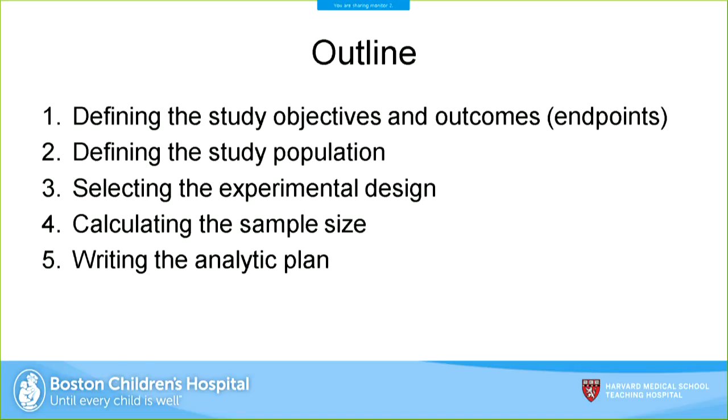And then we're going to select the experimental design, and there are different pieces that you may want to consider in your particular study. And then next, you would want to calculate an appropriate sample size for your study so that you'll have enough information, enough power to answer the question that you're trying to address. And then finally, writing out the statistical methods in a very clear analytic plan is also very important.